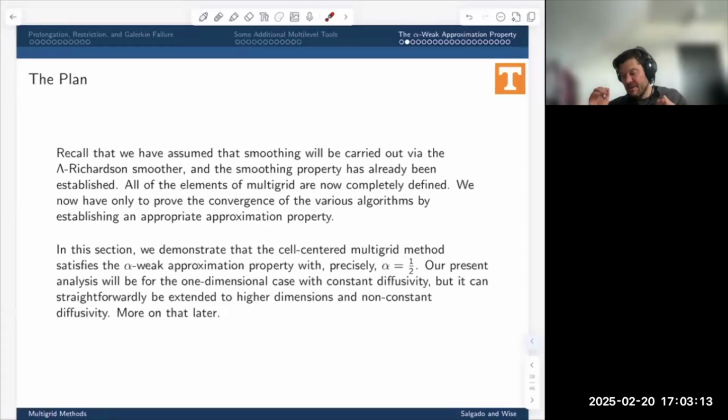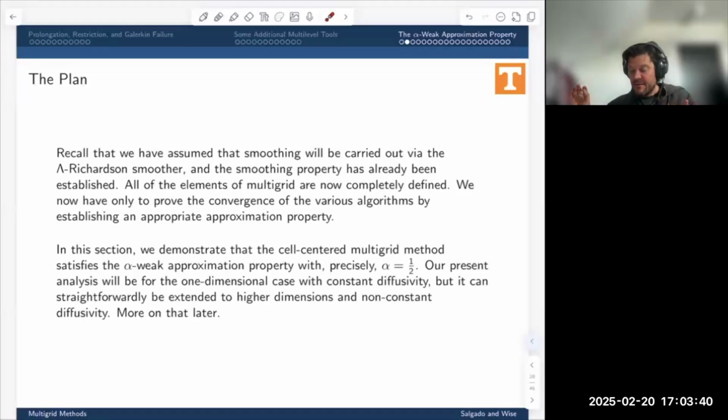We know that we have this thing called the imbalanced Galerkin condition. All the elements of multigrid are defined, and we can do multigrid now using the restriction, prolongation operations, and the smoother that we defined. We can run either a V cycle method, a W cycle, or we could do a two grid method.